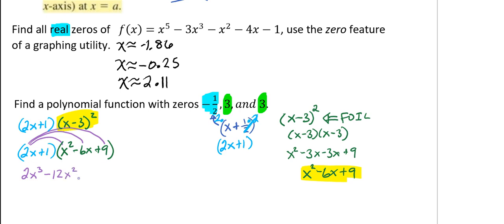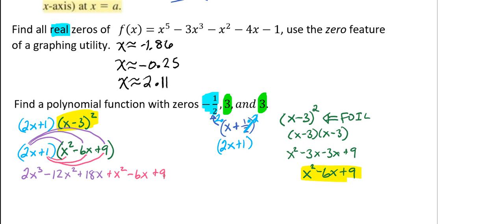And 2x times 9 is a positive 18x. Then we do the same thing with the 1. To the x squared gives us an x squared. To the negative 6x gives us a negative 6x. And 1 times 9 is 9.